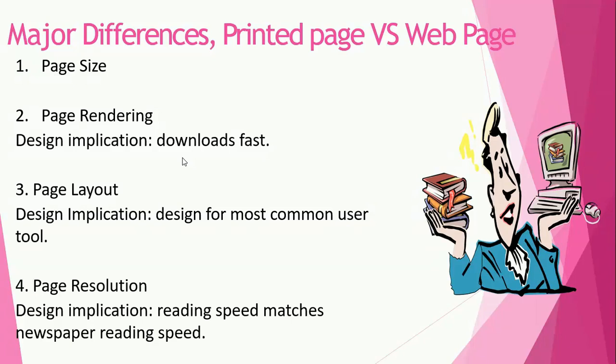The printed pages are also fixed in size. They are not variable like web pages. As you know, if you print any page, it is going to be fixed in size. You cannot vary it again because it is a hard copy. Whereas a web page can be varied as necessary.